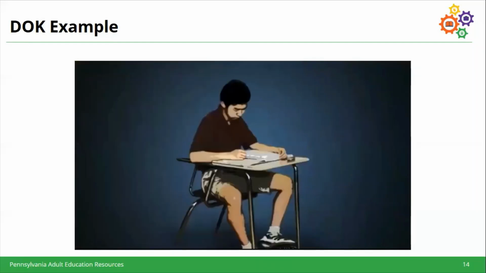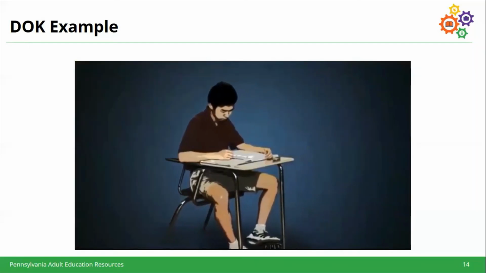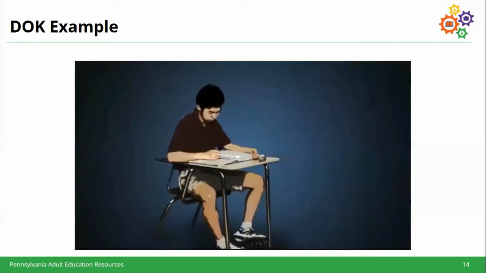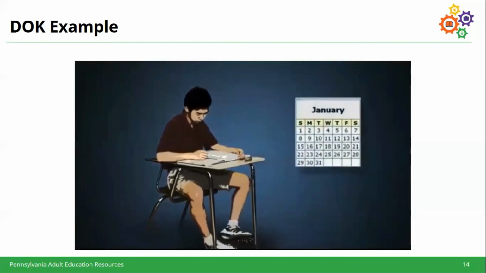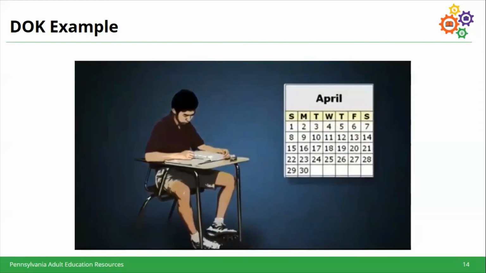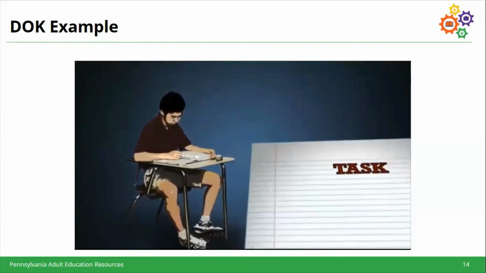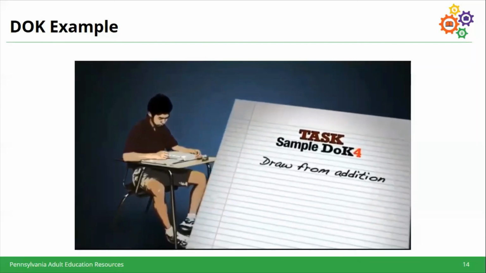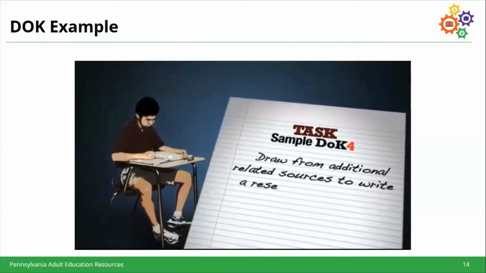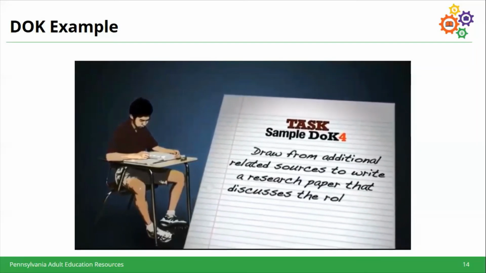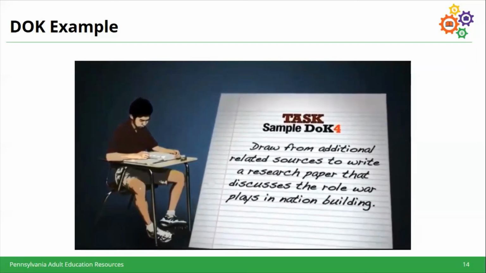A DOK Level 4 task requires extended thinking and in-depth analysis, most often seen in longer-term projects. For example, with this text, a student might be asked to draw from additional related sources to write a research paper that discusses the role war plays in nation building.